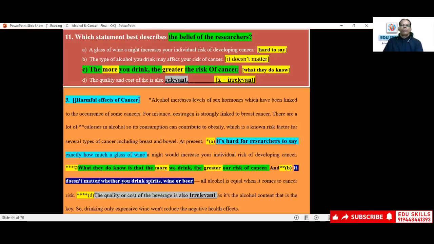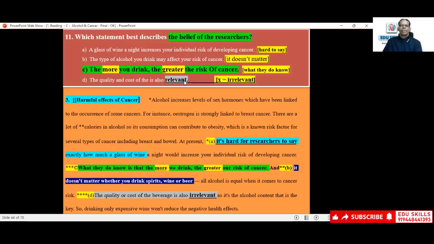Second one speaks, the type of alcohol you drink may affect your risk of cancer. So may, there is a modal verb, but then in the paragraph it is said, it doesn't matter whether you drink spirits, wine, or beer. The type of alcohol, it doesn't matter. It says it doesn't matter here, but then here it says may affect your risk of cancer. The opposite is given. And again, D says the quality and cost of the alcohol is also relevant.